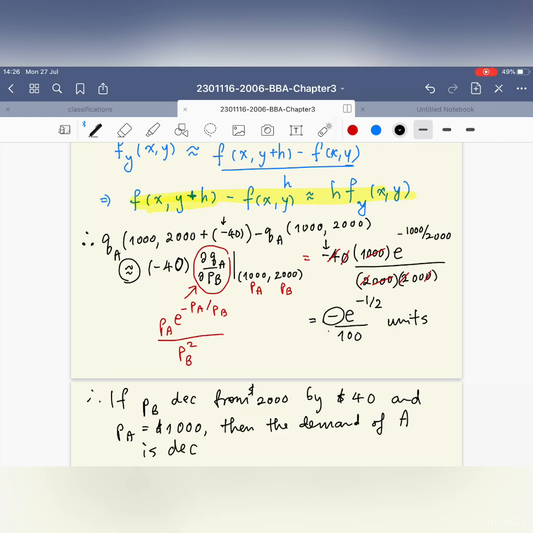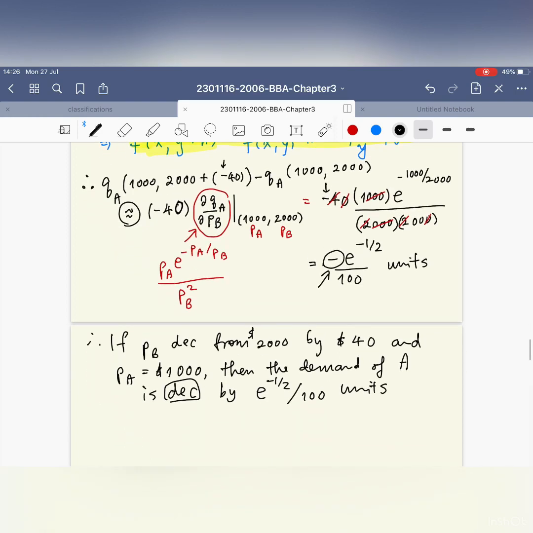This negative indicates the decreasing, by e raised to the power negative 1/2 over 100 units. Usually, the negative sign indicates the decreasing, and for by how many units, you just use this number without the negative sign.